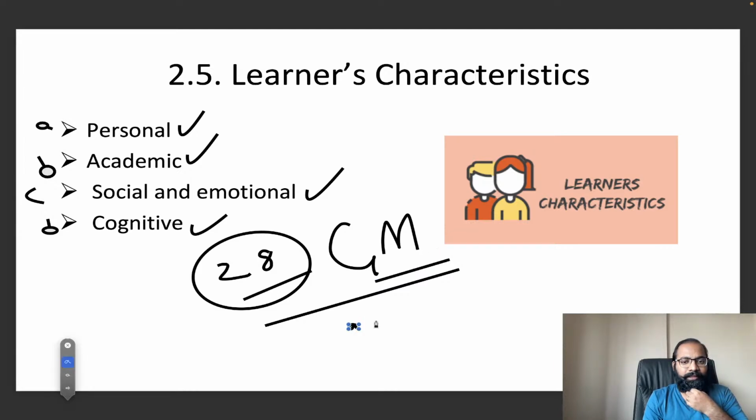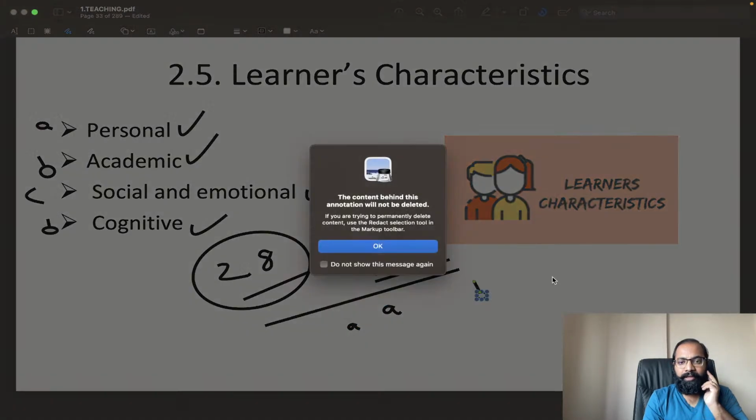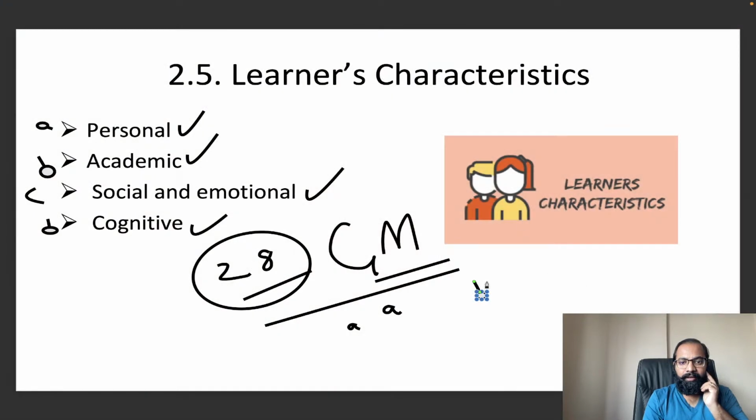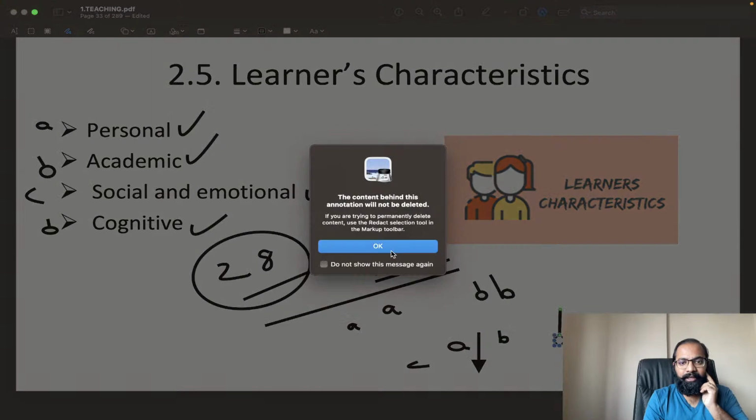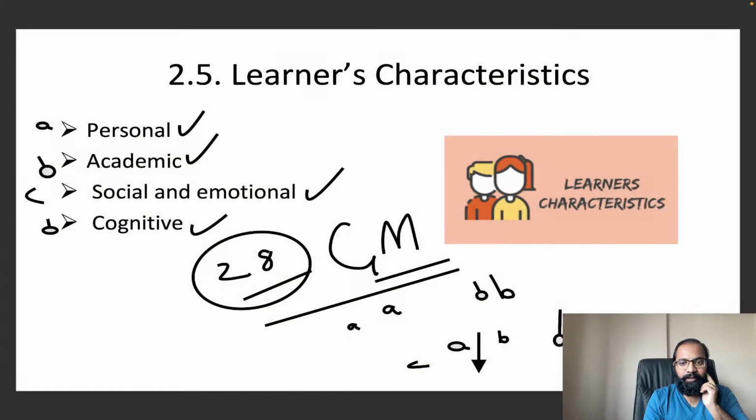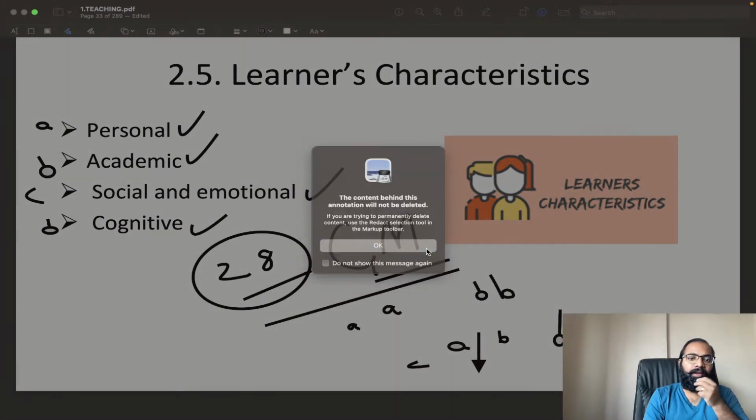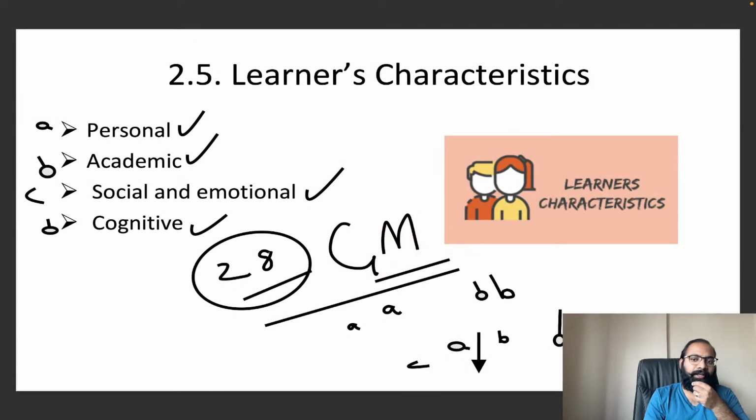If I give the options like option A, option B, and option C, where option C is A as well as B, and option D is D only, how many characteristics are included here?